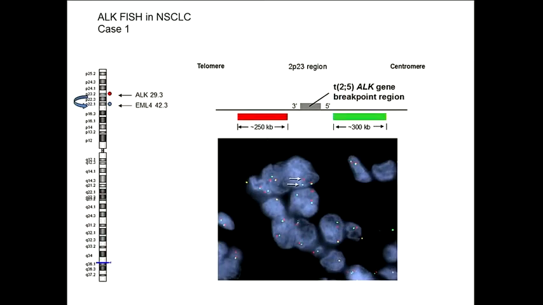ALK FISH, as I mentioned, is a little bit difficult. The two genes are very close together, and so when you're looking for a split signal, those are actually really challenging. And a lot of commercial labs I know have had trouble with this and called a lot of false positives. So I hear that from Alice quite often. One interesting thing from a lot of the TCGA and NGS data being published is a lot of the new fusions being discovered, actually, the genes are very close to each other, and that's because they've never been visible in prior cancer research in karyotyping or other types of analyses.